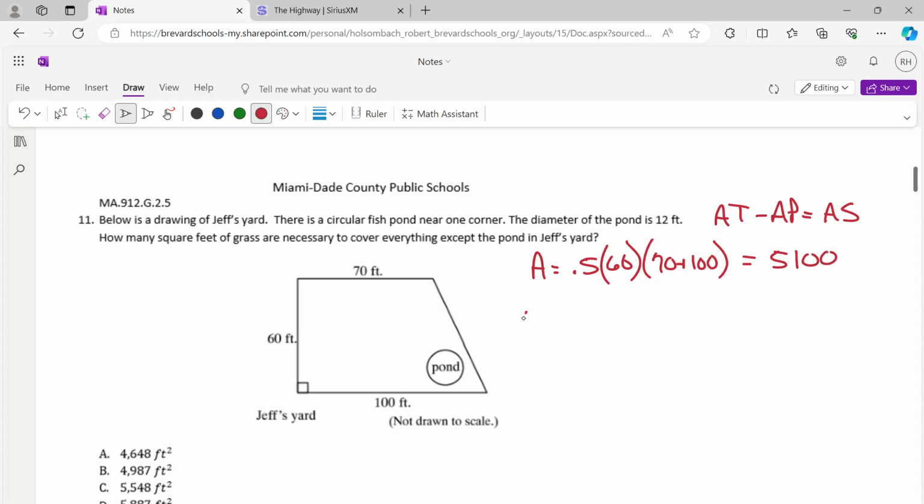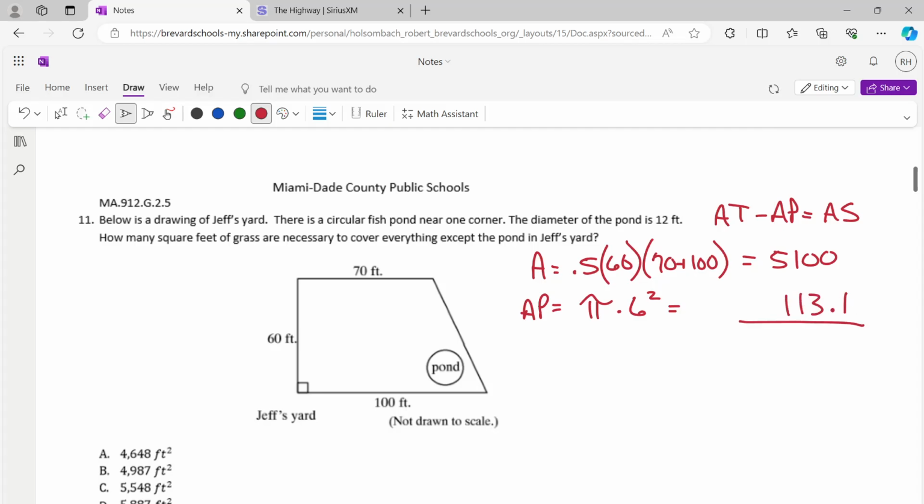The area of this pond is equal to, it's a circle, so it's pi times radius squared. So pi times, if the diameter is 12, then the radius is 6, so it's pi times 6 squared, which is 36 times pi, 113.1.